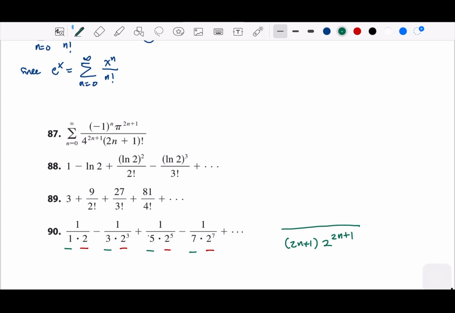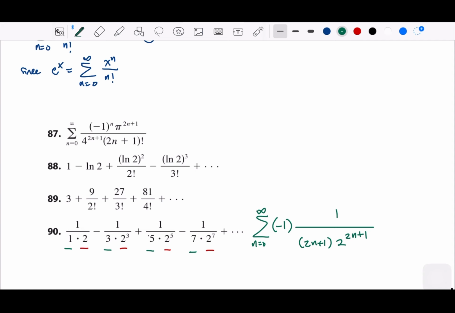So it's 1. And then it's a sum. Oh, and then it's alternating, so we need to have alternating signs here. So (-1)^n.